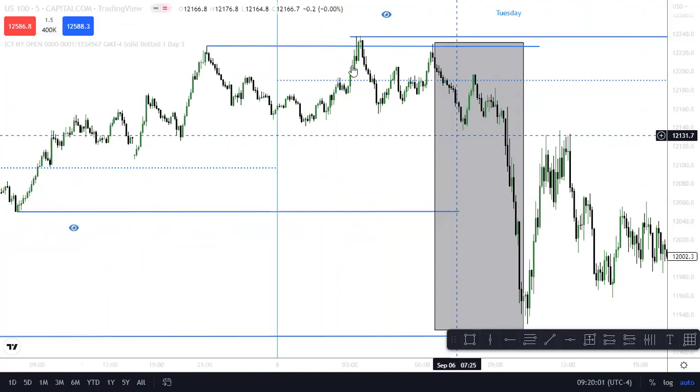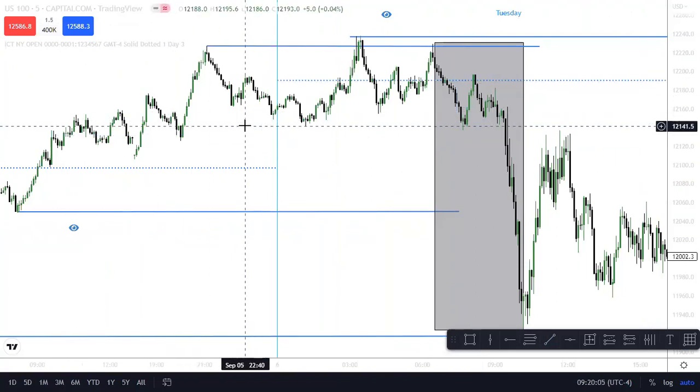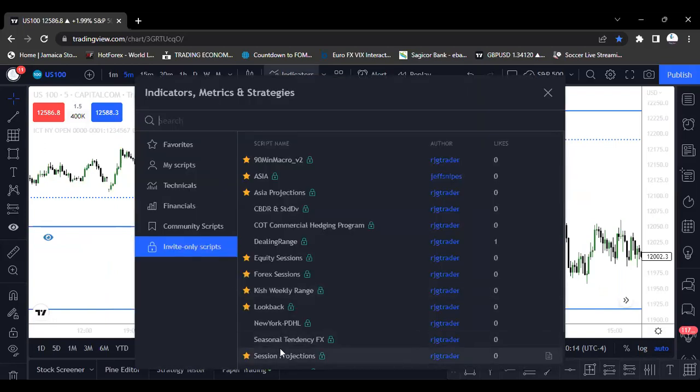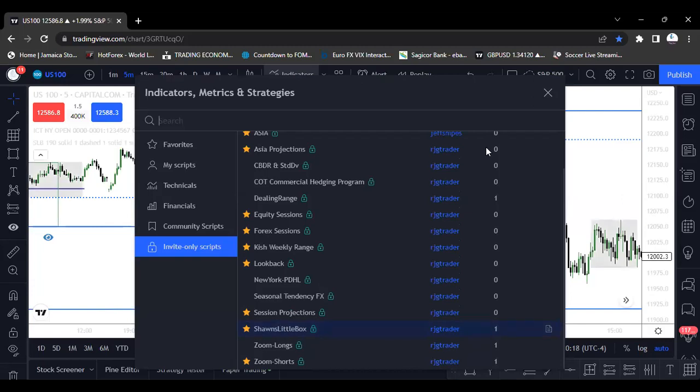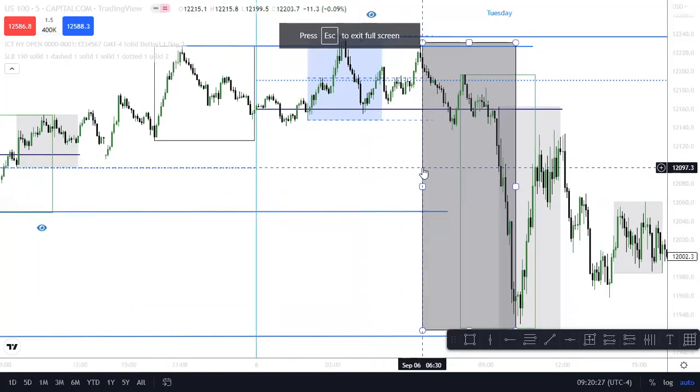Sessions, this would have been, wait, I think I have an indicator for that. There we go. All right, so nice. So now I can remove this box.